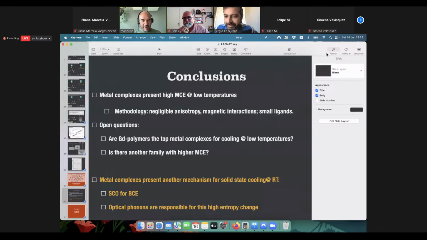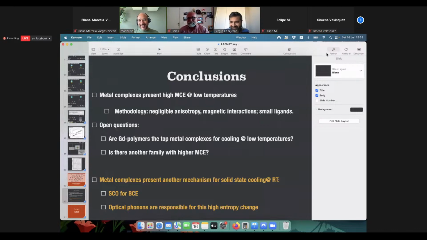Yes, it's a very good question. It's a bit tricky. I prefer not to say the names of the ligands because I'm not from chemistry. I can say something wrong if I say the names, especially because the words are very complex.